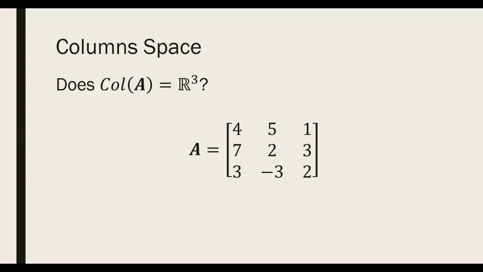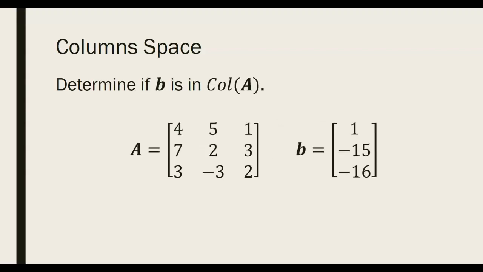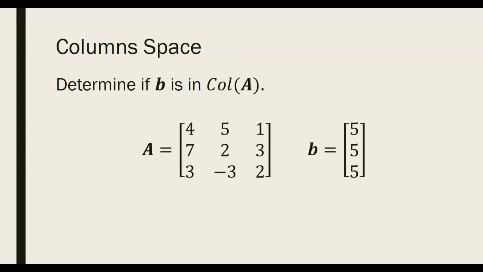Now, with this A, we already found a vector that was not in the column space. So clearly, the column space cannot be all of R3 because there's at least one vector, namely 555, that's not in there.